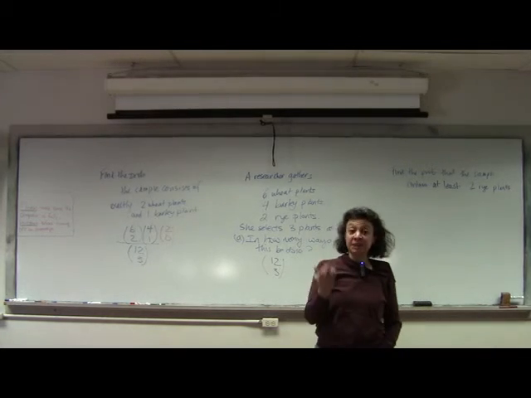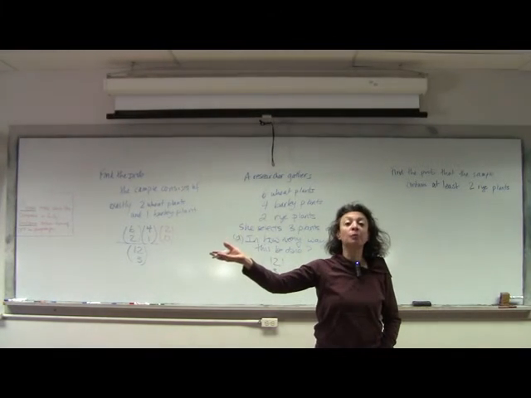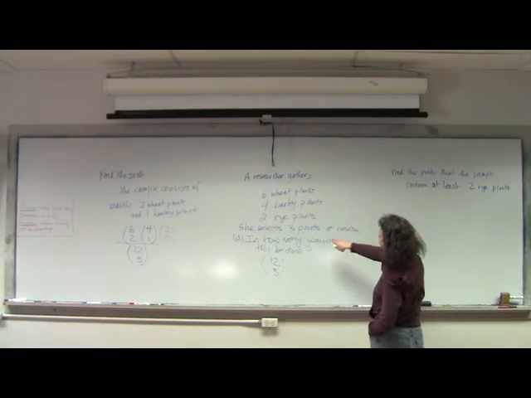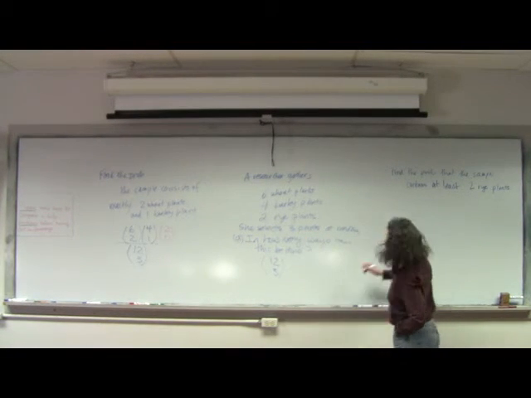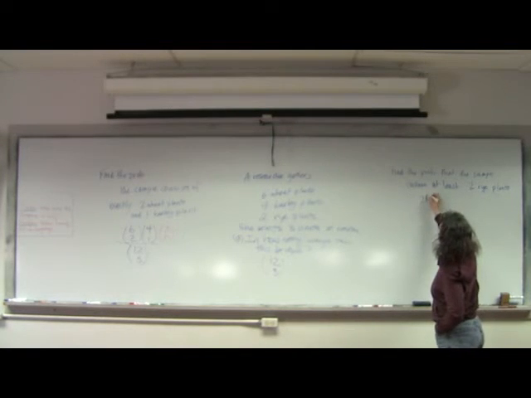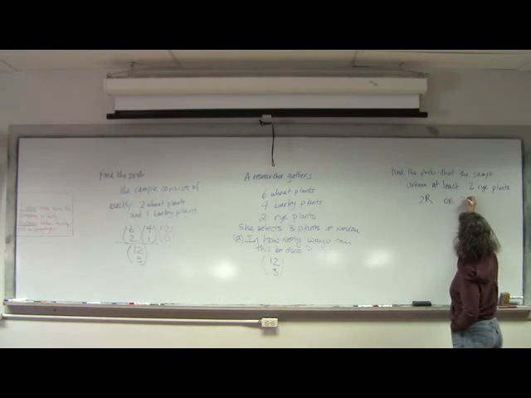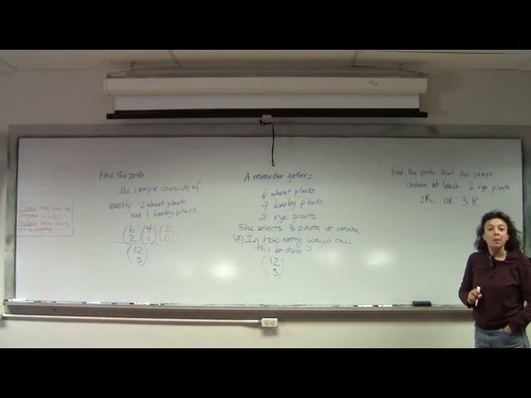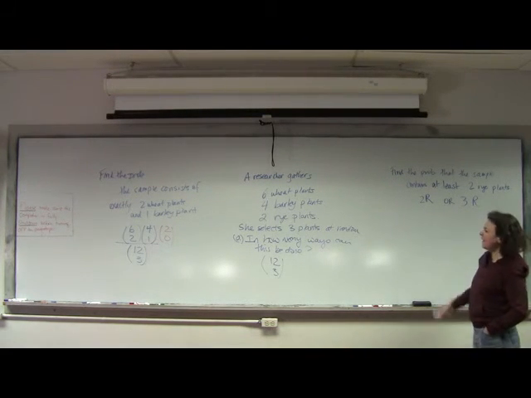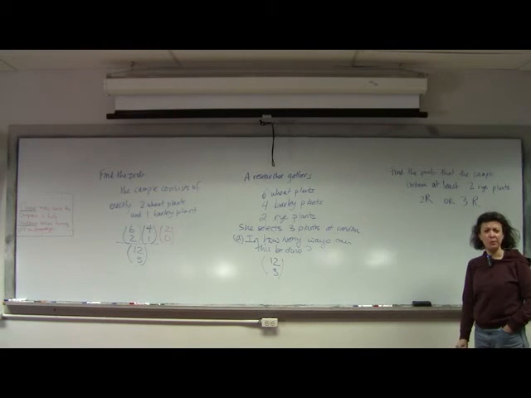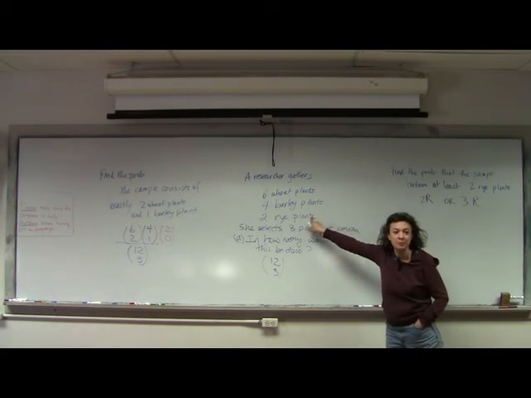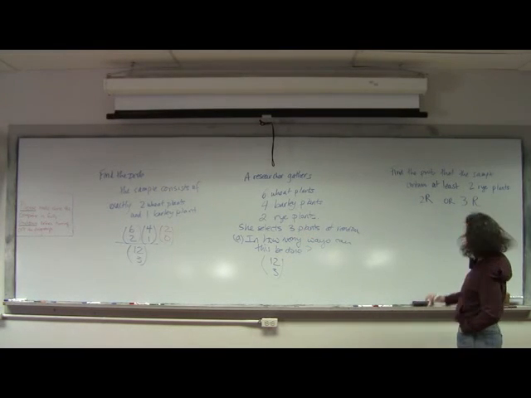All right, at least 2 means 2 or more. Now, in the context of this problem, we're picking 3. So what this says on first glance is we want 2 rye plants or 3 rye plants. But wait a minute, can we have 3 rye plants in our sample? Absolutely not, because we only have a maximum of 2 to begin with.